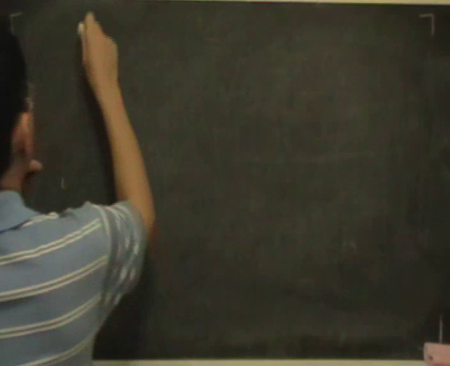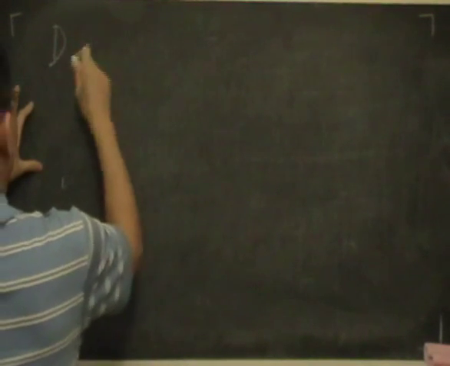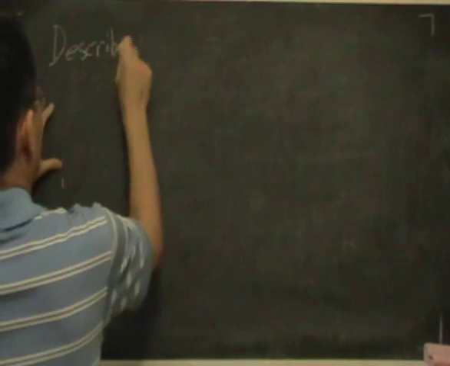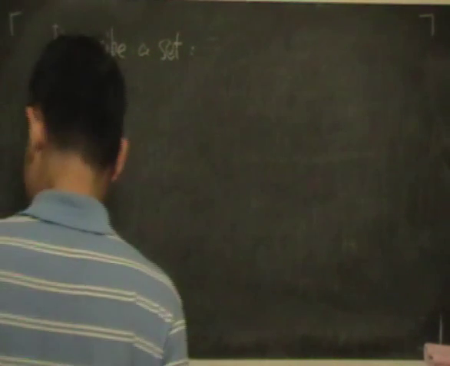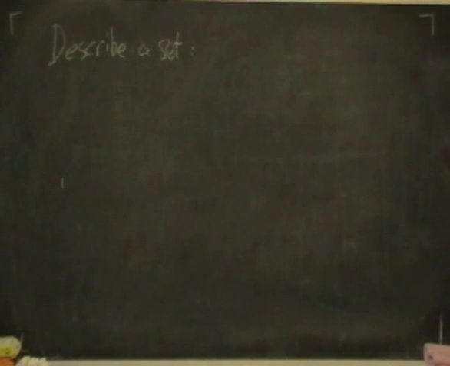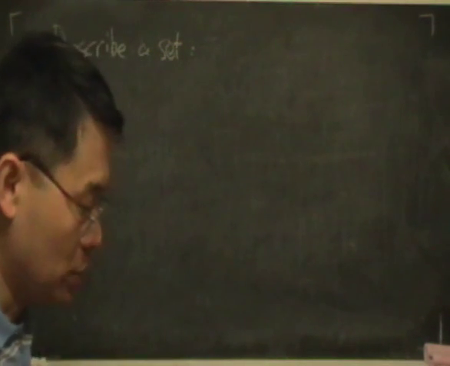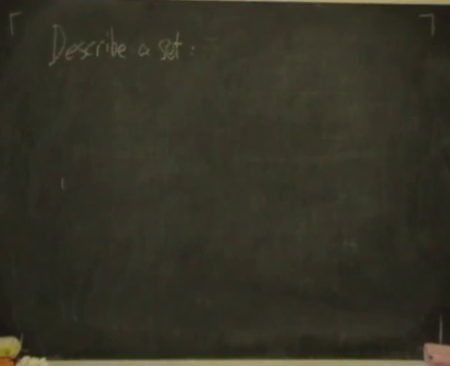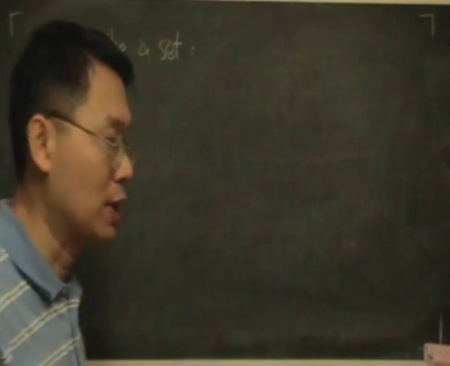Now next we look at the problem of how to describe a set. Actually, we are going to look at the notations we need to use to describe a set. We can always describe a set verbally, or we can try.